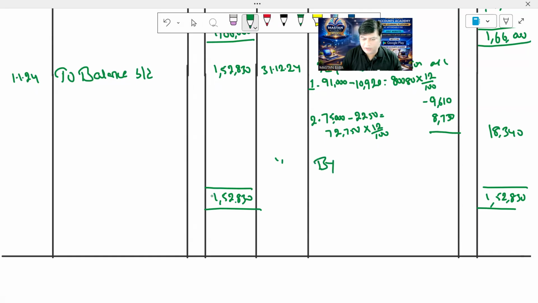Just deduct it, by balance carried down. How much will you get? 1,34,490. And just write it as balance brought down.